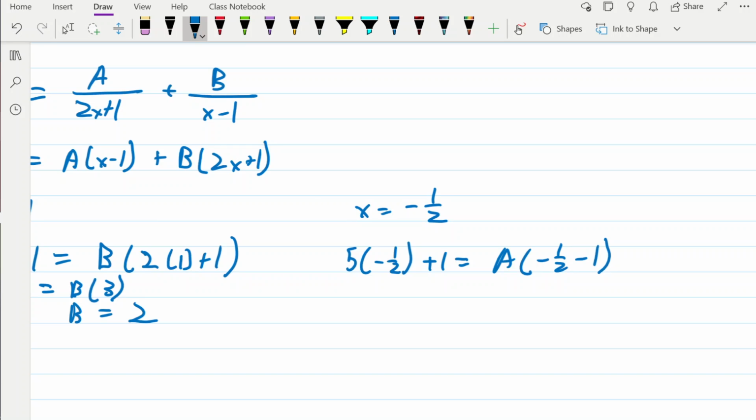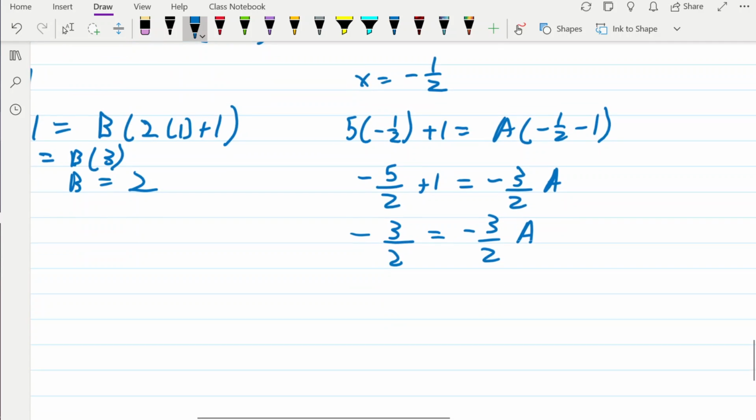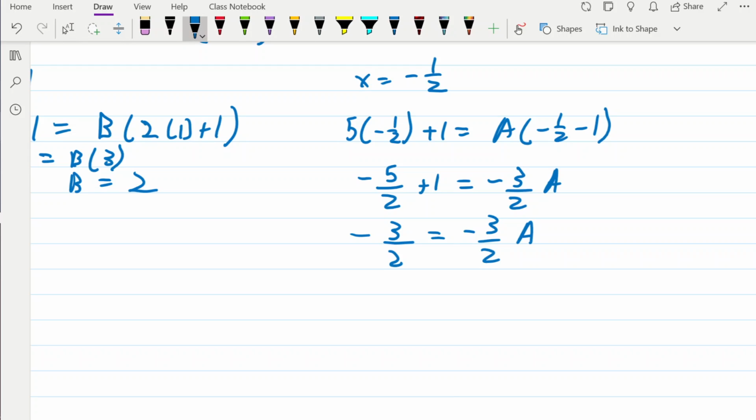So that is going to be negative 5 over 2 plus 1 equals negative 3 over 2 A. This is going to be negative 3 over 2 equals negative 3 over 2 A. The 2's are going to cancel out, the 3's are going to cancel out, and the negatives are going to cancel out. So A should equal 1.